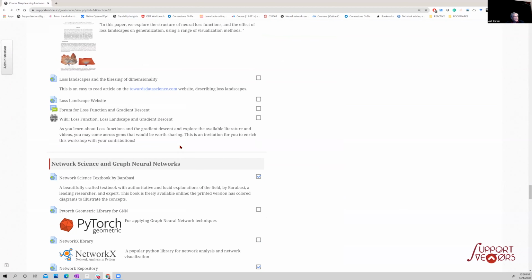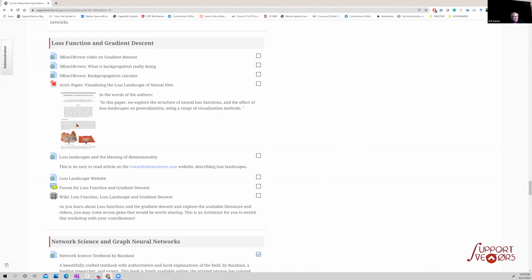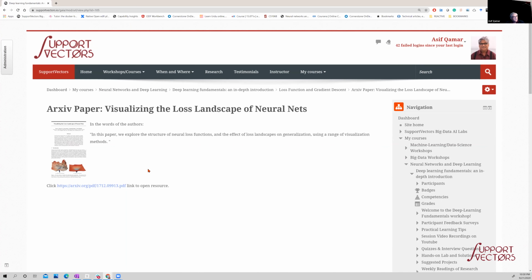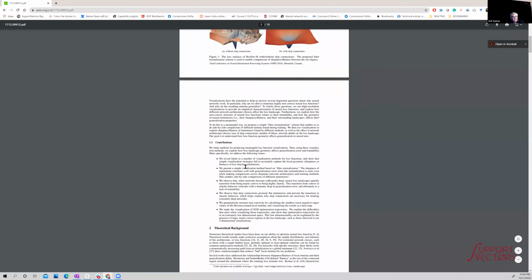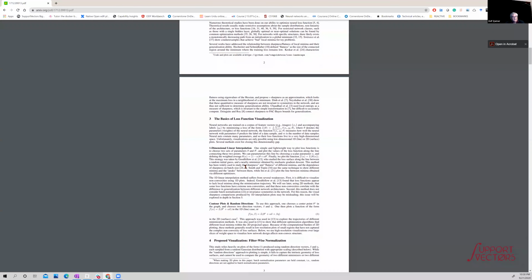And those of you who are interested in the paper, here is this paper tentatively. I've marked it as the paper that we'll walk through on Sunday. So this will sort of deepen the conversations we have had on the loss surface. It's an arXiv paper, so usually it's a little hard to understand, but I'm hoping that after the discussions that we have had now, it won't be that hard to understand.